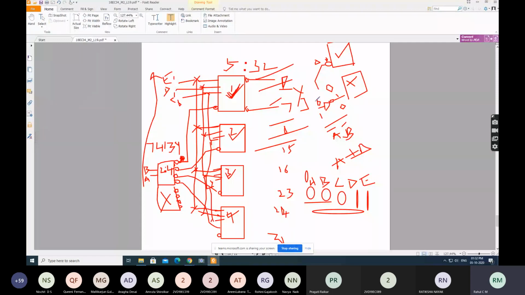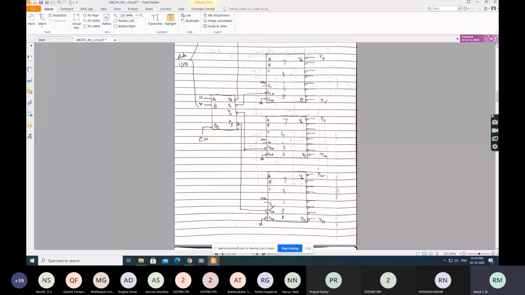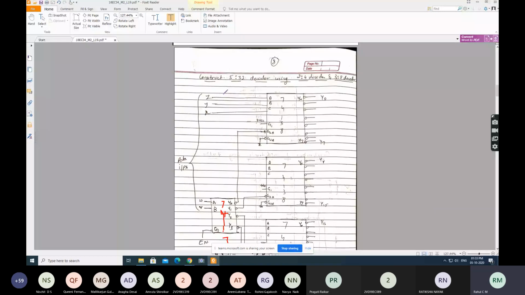So this is the way I have written here. Y0 pin is going to G2A, Y1 pin is going to G2A, Y2 pin is going to G2A, and here the Y3 pin is going to G2A. And this IC is 74139. So whenever they ask the question, they will ask you in this fashion only. Construct a 5:32 decoder using 2:4 decoder or 3:8 decoder.